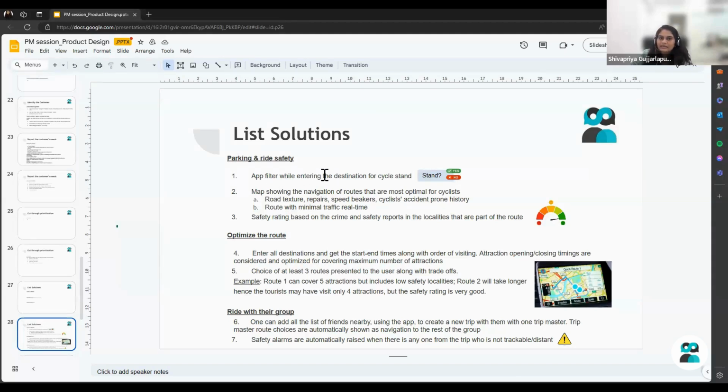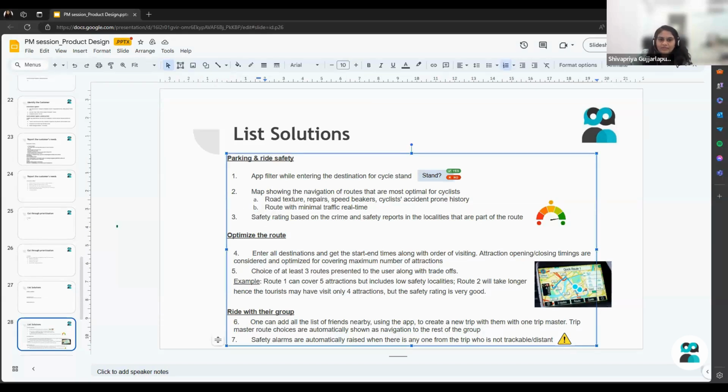As soon as I enter a desired destination in the app, I will have a representation of whether there is a cycle stand there or not. And if not, it'll direct me to the nearest cycle stand for that particular tourist attraction. Then I can choose if I want that in my day's itinerary or not, based on the cycle stand visibility. And I think someone unmuted and told me something similar on the Google Maps collaboration.